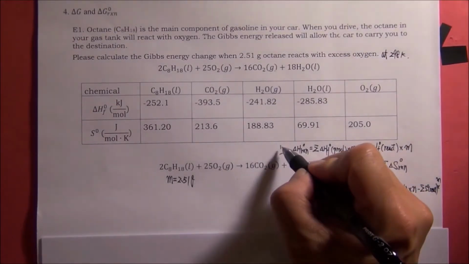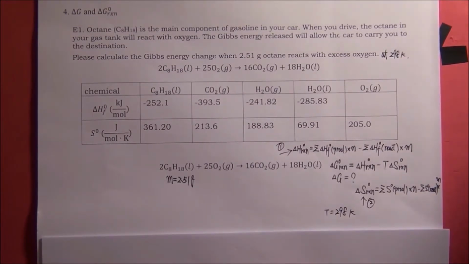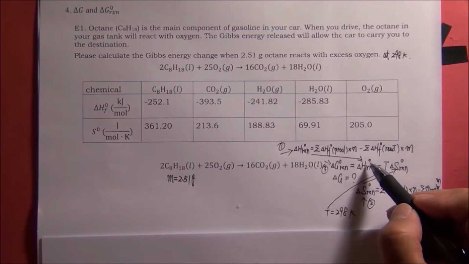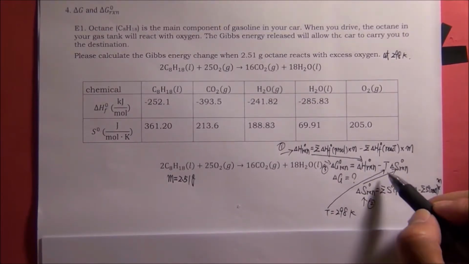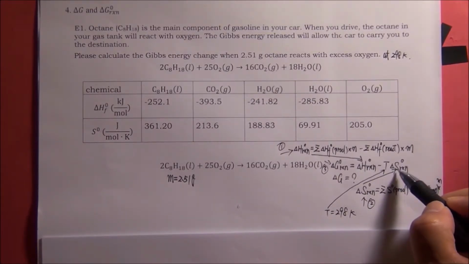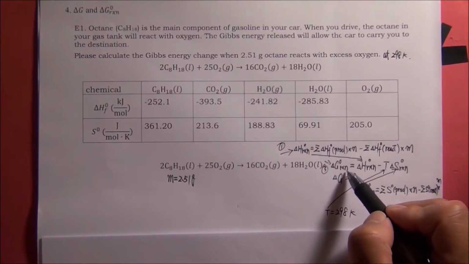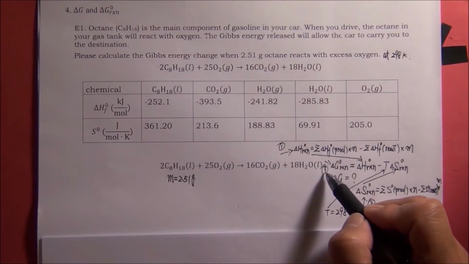This is the first step. This is the second step. We plug the standard enthalpy of reaction, the temperature, and the standard entropy of reaction. We can find the standard Gibbs energy of reaction. This is step 3.